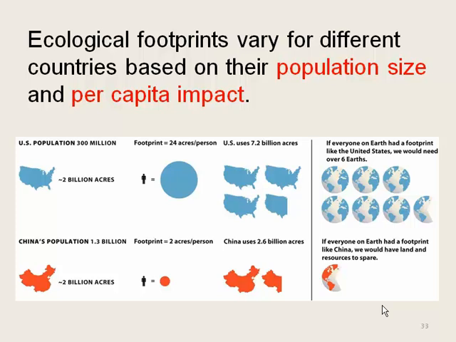Conversely, if everybody on Earth had a footprint equivalent to the one in China, we would have land and resources to spare. However, that's changing with the rapid economic development that's going on in China. So fairly soon they will have a resource consumption base that will at least be equal to the current space of our planet, if not greater, depending on where their growth takes them.